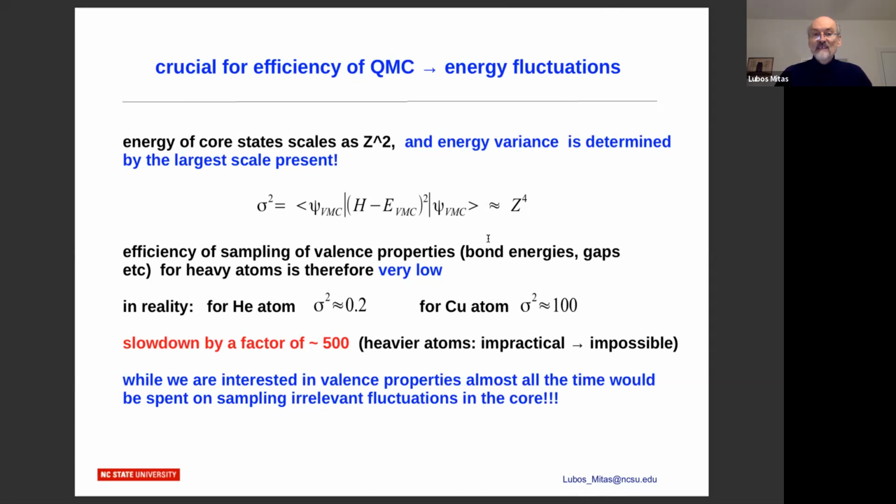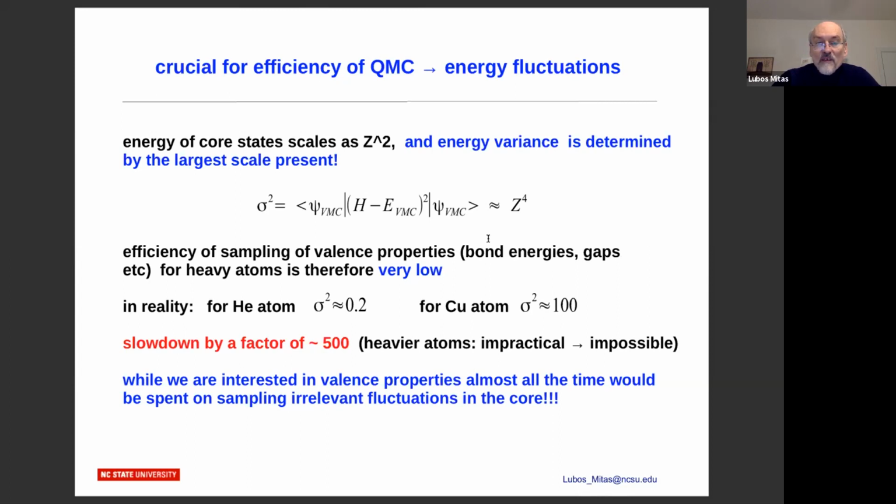And in this case, it would be the energy coming from the core electrons, which will be scaling as Z to the 4th power, which is a pretty steep growth if you think about going through the periodic table. So the efficiency of the sampling of the valence properties, which are outside of the cores, such as bond energies, gaps, weak bonding, van der Waals bonding, and so on, is actually extremely low.